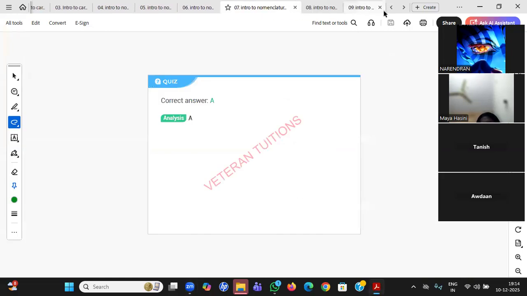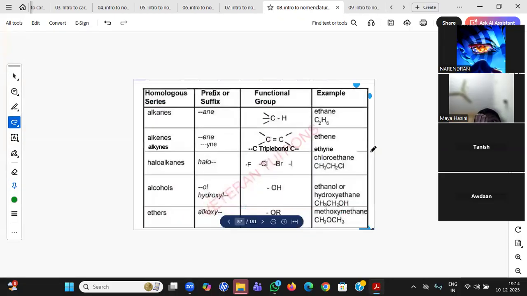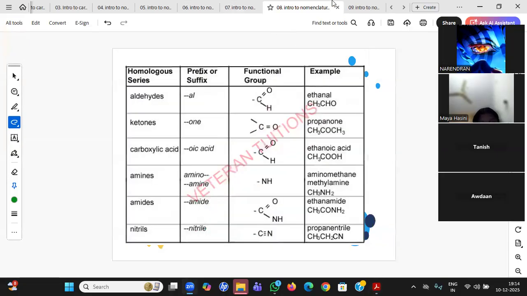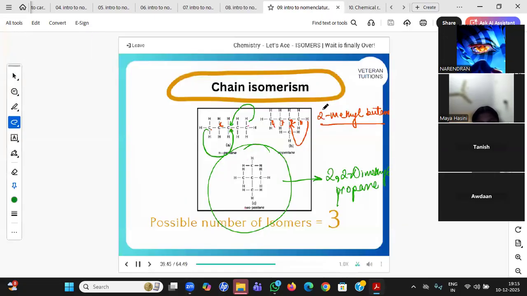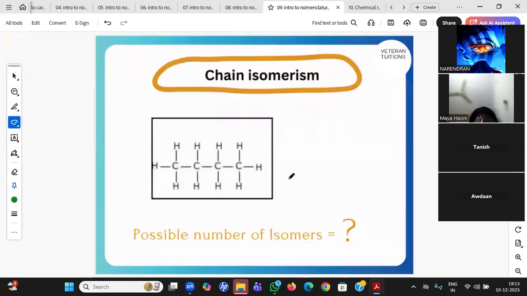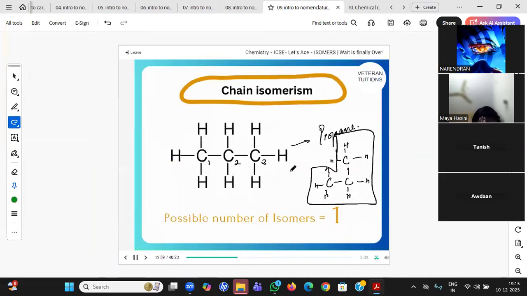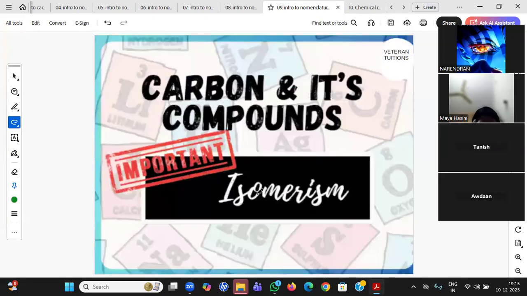Students, you forgot isomers? Did I take that chapter or not? Isomers, sir. 1 second, with your answer. Which session did I speak about isomers? You see isomers. This is what I have said, right? What are isomers, students? Isomers are nothing but which have same molecular formula but different structural formula.